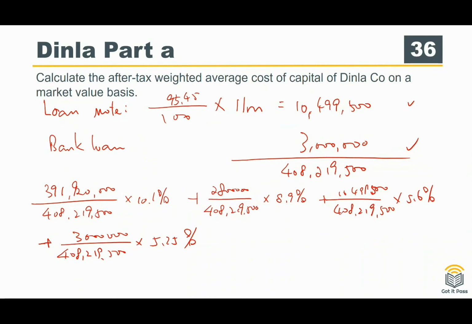So you got a total. You got the cost of capital, or the WACC, which is 9.9%.